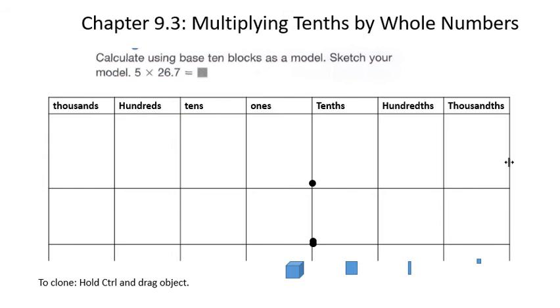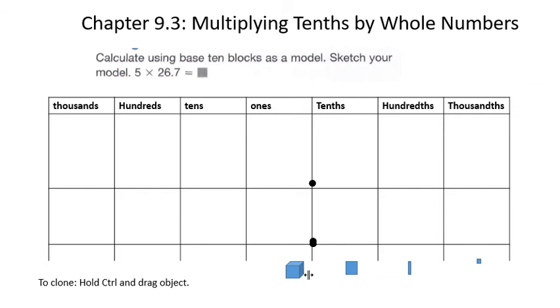So let's do that. I can start off from either my tenths or my ones or my tens. I could do either one. So we have to decide what my model is going to be. I have here 4 different base 10 block designs. We must define what our 1 is going to be.